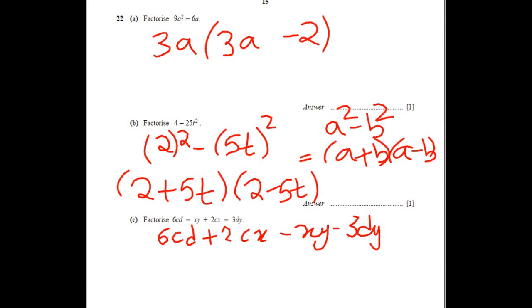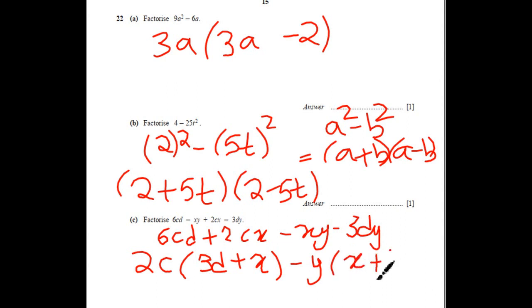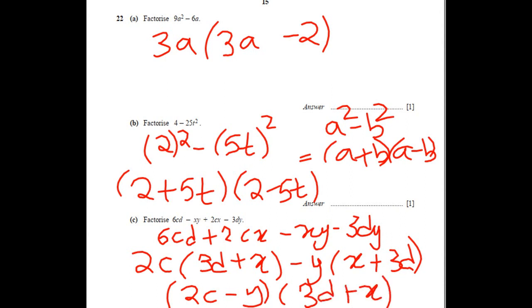Now in the first two expressions, we can take 2c common. We're left with 3d plus x, minus, y is common in the next one. So we're left with x plus 3d, and we can write this as 2c minus y and 3d plus x, which is the final answer.